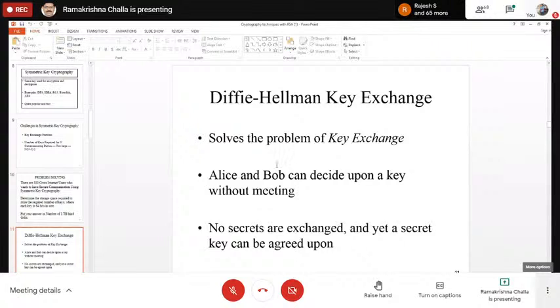It's a very simple algorithm; you can all understand it very easily. Alice and Bob: Alice is the sender, Bob is the receiver, because it was developed outside India, so naturally they have names like Alice and Bob. They can decide upon a key without meeting. No secrets are exchanged, and yet a secret key can be agreed upon by Alice and Bob. Let us see this algorithm.